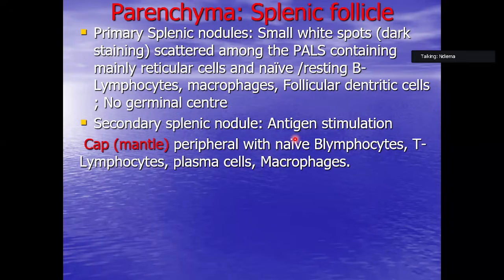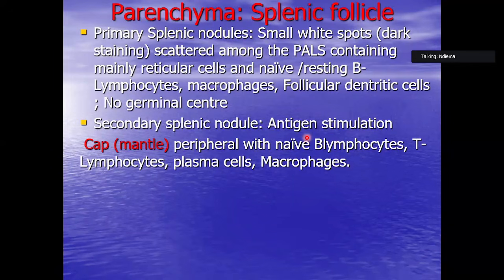So those immunoblasts are going to multiply, and they are also going to form memory cells. So the cap, the outer part of the follicle, will contain some B lymphocytes which have not been exposed to the antigen, whereas the central part comprises of B lymphocytes that have been exposed to the antigen.